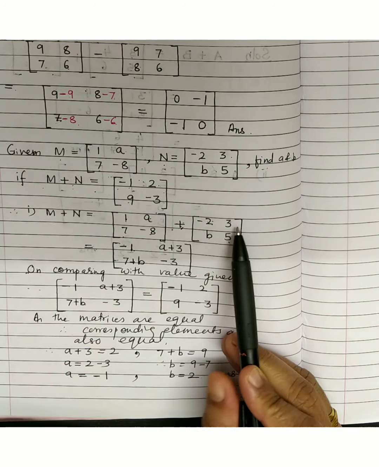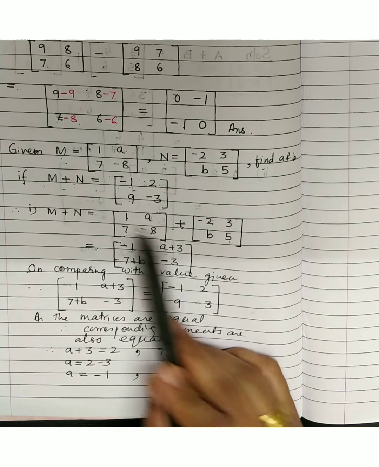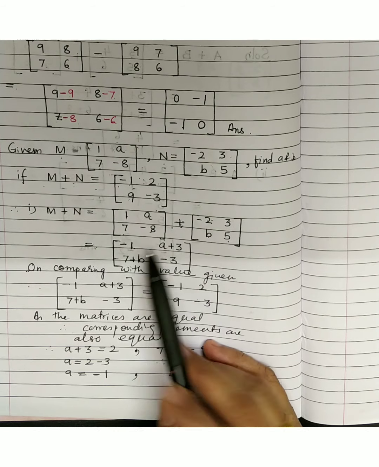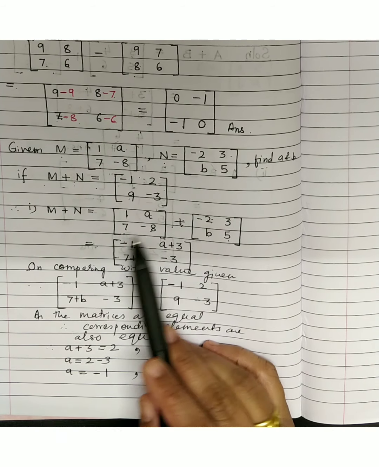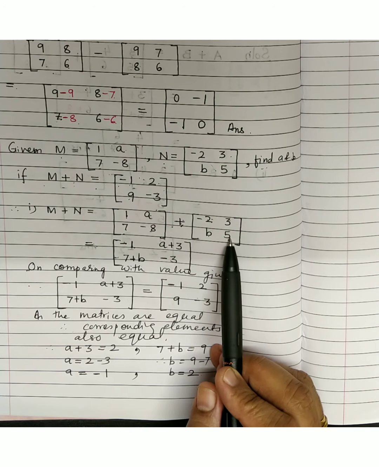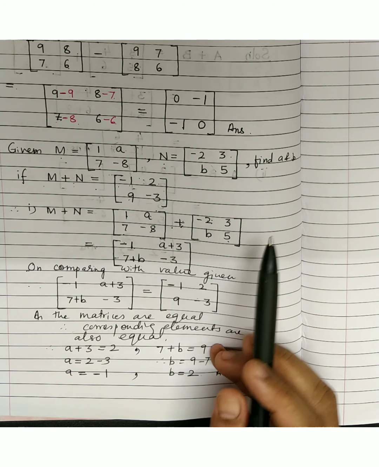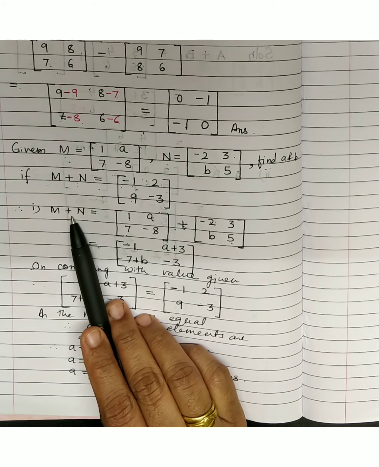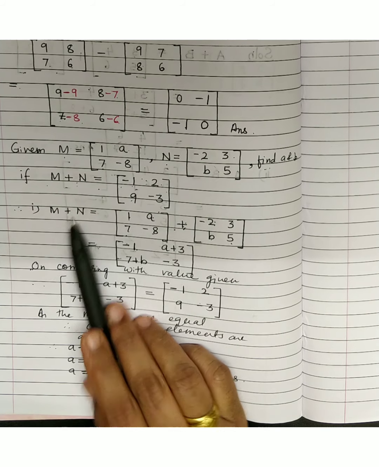Corresponding elements will be added here. So 1 plus minus 2, what is the answer? Minus 1. A plus 3, 7 plus B, minus 8 plus 5, answer is what? Minus 3.